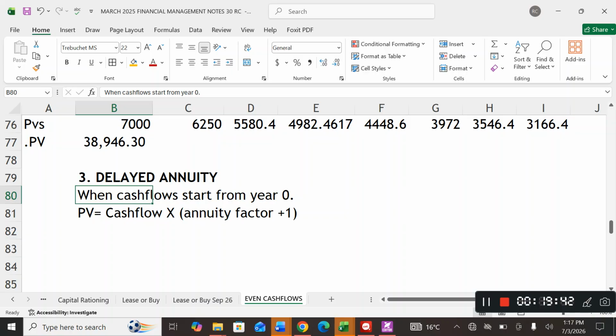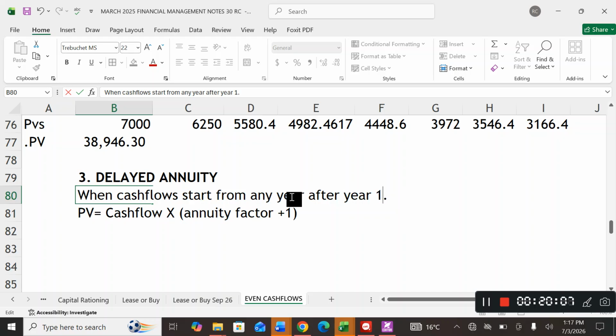This is when a cash flow starts from any year after year 1.